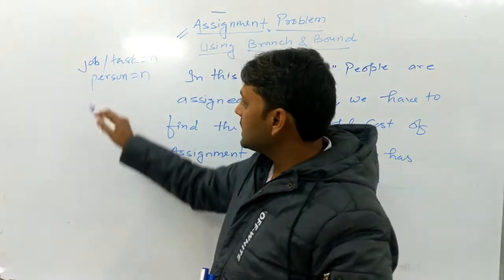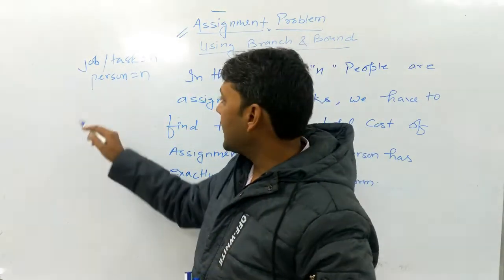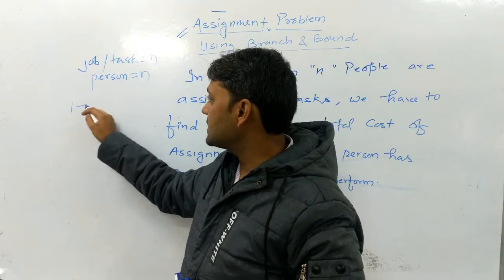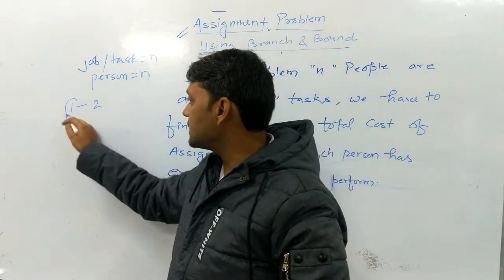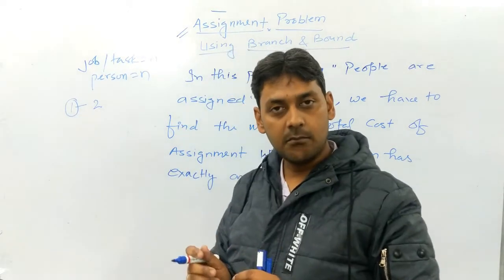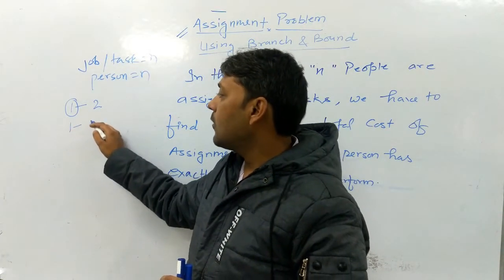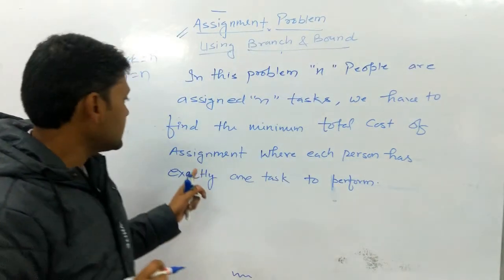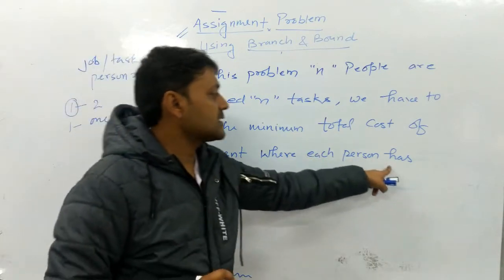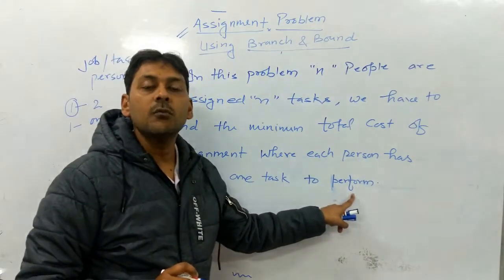And the condition is that if one person does a second job or third job, then this person does not take any other job. That means each person does only one job, where each person has exactly one task to perform.